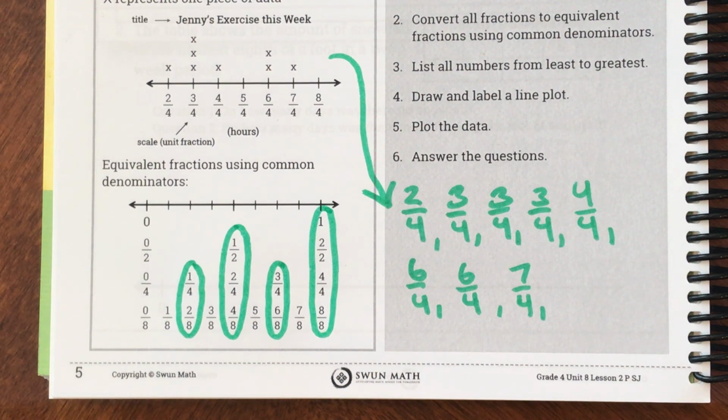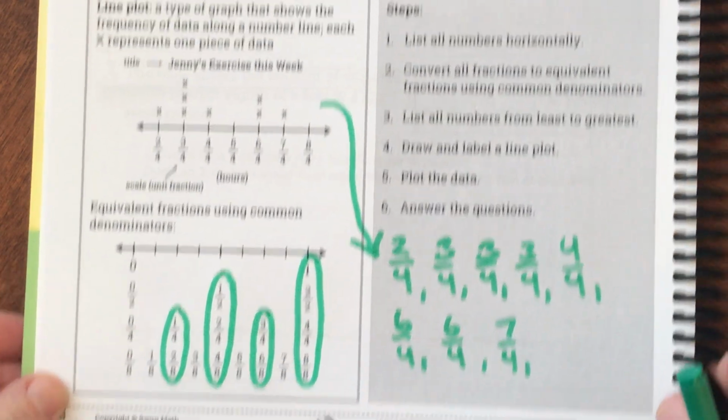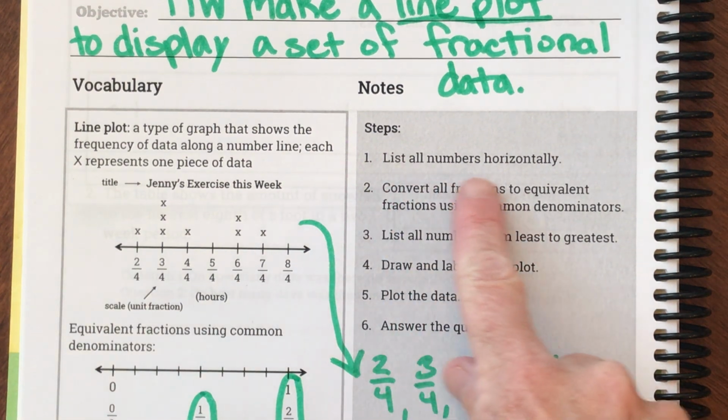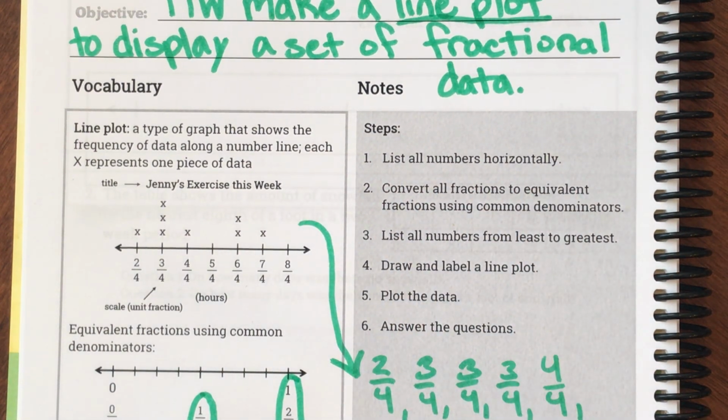Okay, so I'm going to look at our steps today because I'm going to cover these pretty closely in mine. It says list all numbers horizontally. Now they're going to have them for us in a table. Okay, it says convert all fractions to equivalent fractions using common denominators.